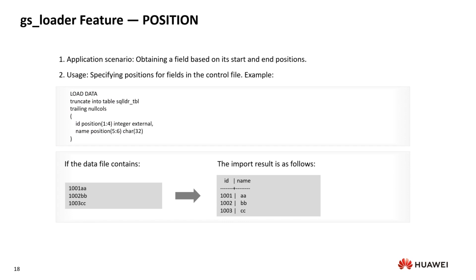First is the position. This feature enables us to obtain a field based on its actual position. To use this feature, we can add the position statement to the end of the field.